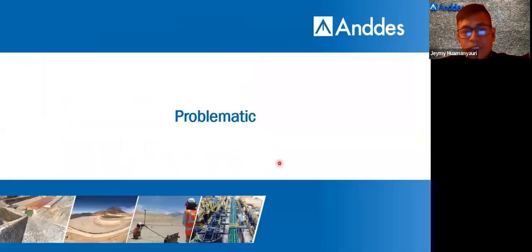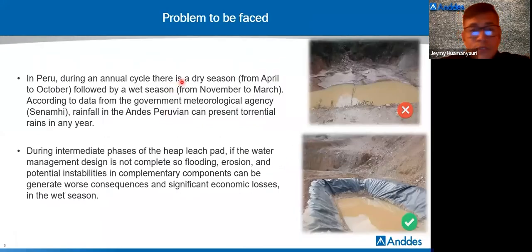About the problem, in Peru there are two important seasons: the dry season from April to October, and the wet season from November to March. But according to the government meteorological agency in Peru, the rainfall in the Peruvian Andes can present torrential rains in some years.